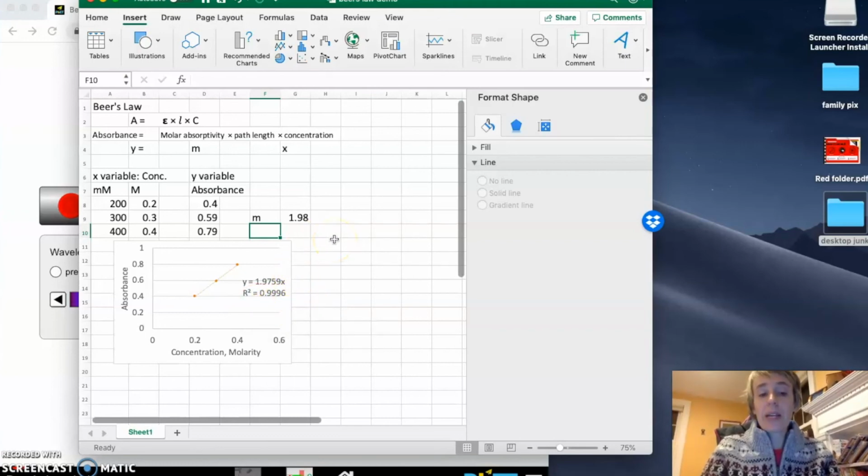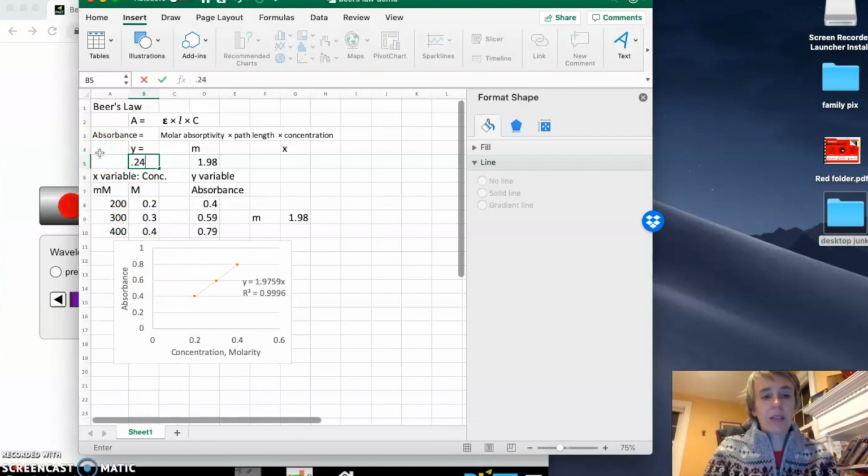So now if I take an unknown solution and I plug it into my spectrometer, if I know my value for m, let's say I measured an absorbance. Let's say it's something even slightly lower than what I'm showing here. Let's say that I see an absorbance value of 0.25 or 0.24.